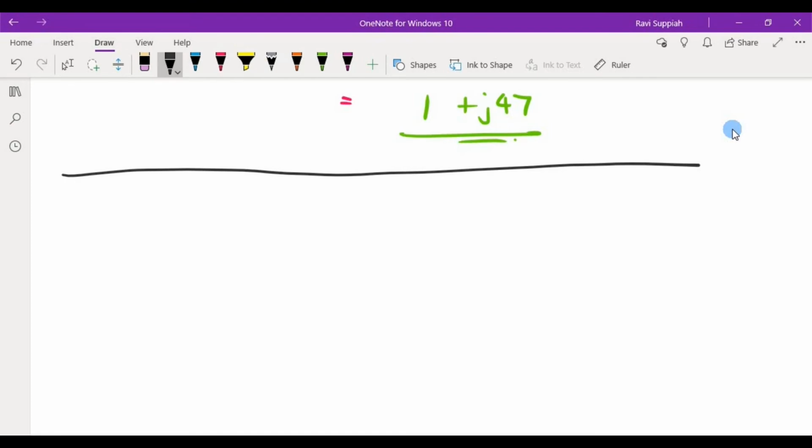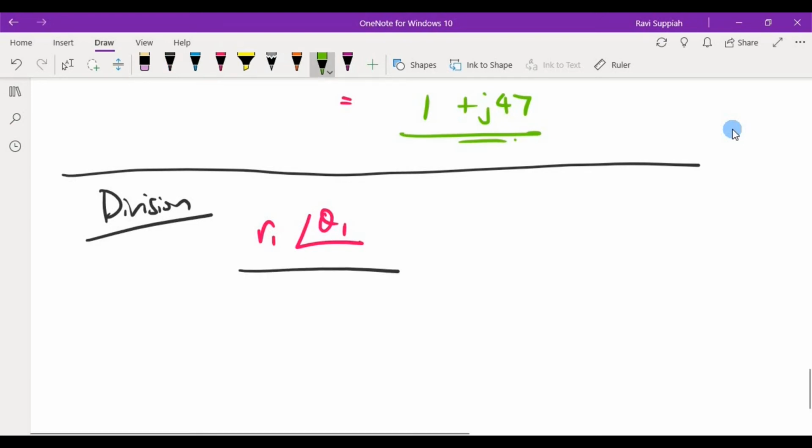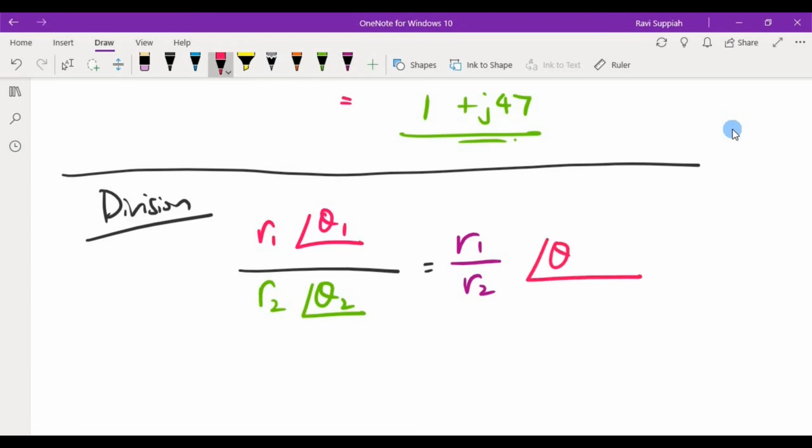Okay, so for division, what we have is, given two complex numbers, r1 angle theta 1 divided by r2 angle theta 2, what you will get is r1 over r2. So only the r values you divide and the angles you subtract. Theta 1 minus theta 2.